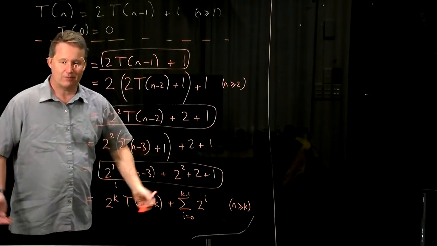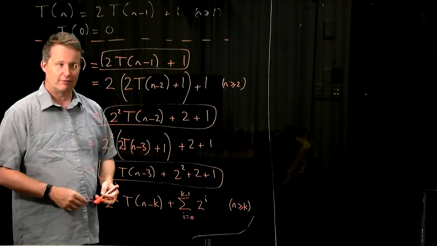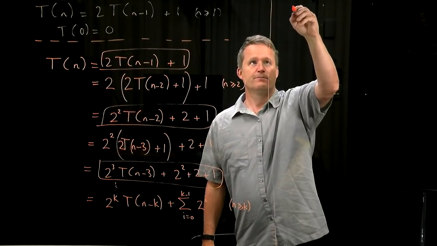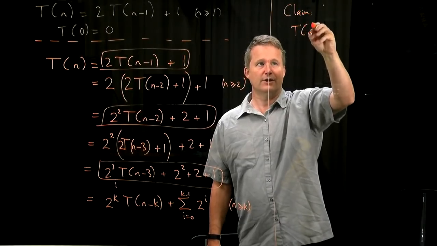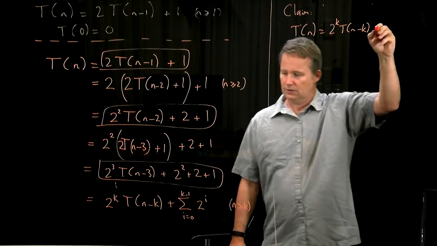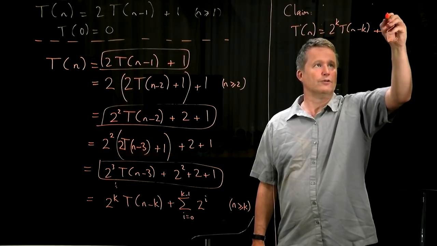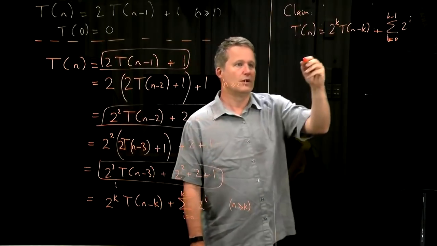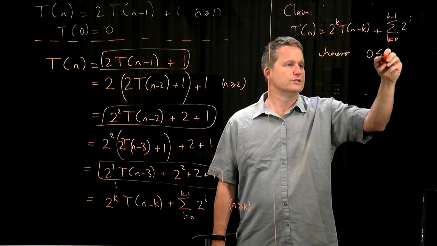Now if I were doing an exam question, I would just assume that that formula is correct. It seems too simple to get wrong, but let's do it formally by induction just to make sure. So we're claiming that t of n is 2 to the k t of n minus k plus the sum, i equals 0 to k minus 1 of 2 to the i, whenever k is between 0 and n.